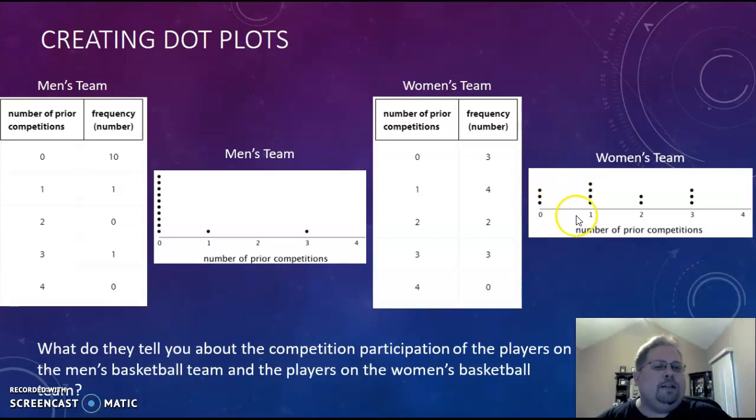If we look at the women's team, it shows that the majority of the women's players have had prior competition experience in international competitions, because you have 9 out of the 12 players on the women's team who have been in at least one prior competition.